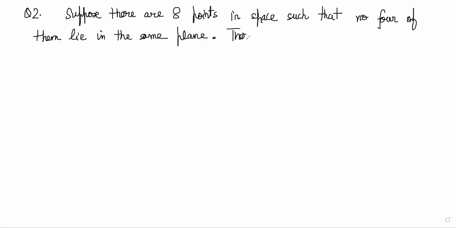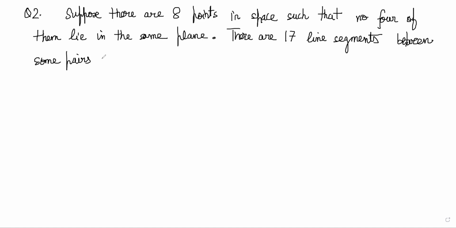There are 17 line segments between some pairs of these points. So basically, there are a total of 17 line segments that can be drawn between some pairs of these points.